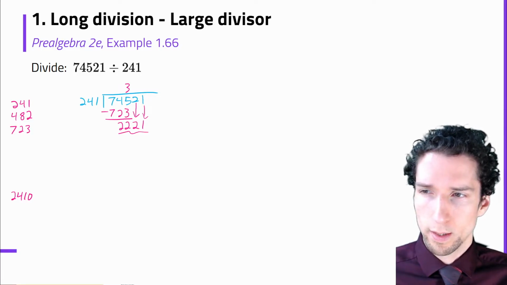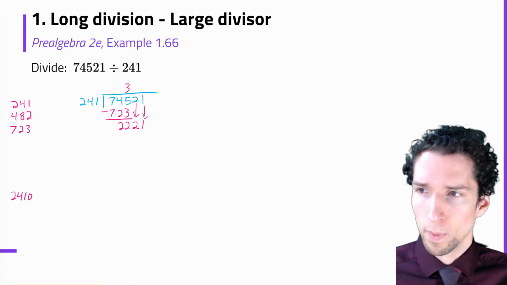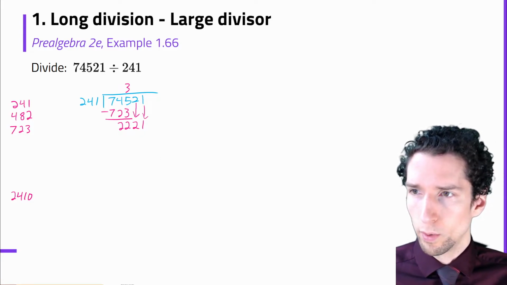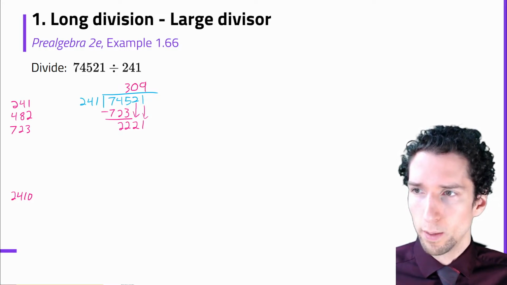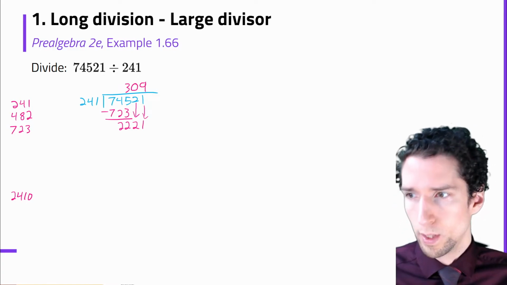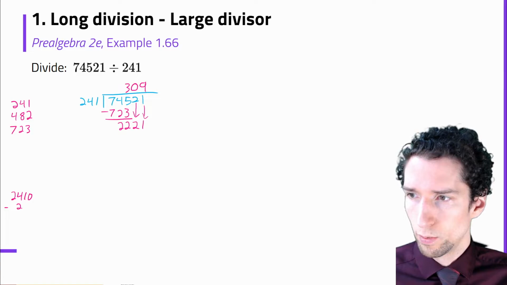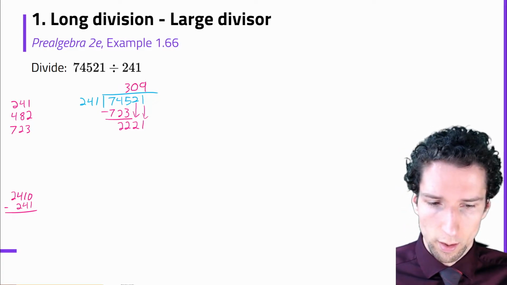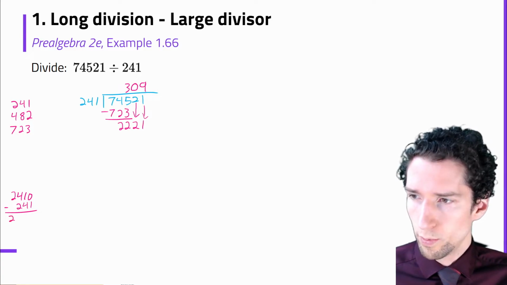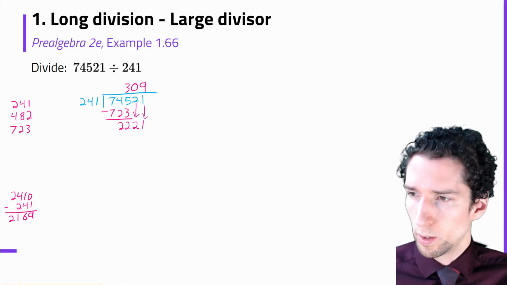It's going to be less than this number. So that looks like it will go in. I forgot to add the 0 here. So 0 and then 9 times. So we want 9 times this thing. So minus 2, 4, 1. All right. So if we subtract this out, then our result will be 2,169. Let's double check. 9 and 0 and 4, 6 plus the 1, 1, and there.